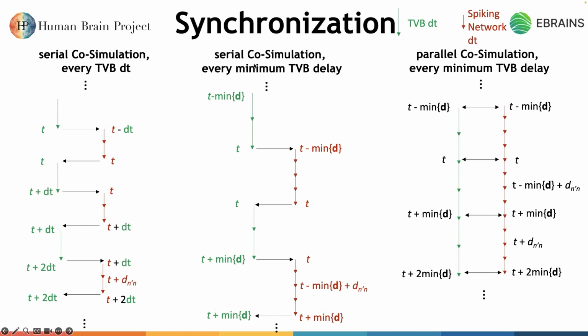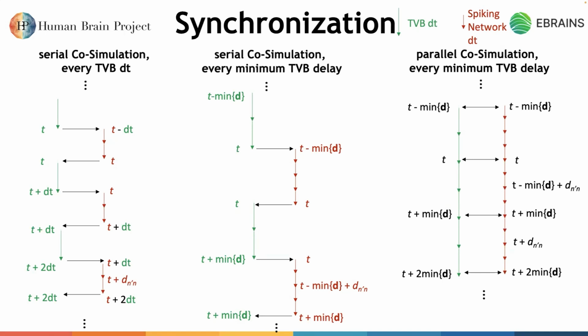The next improvement of that is that, given that we have time delays between brain regions, we know that every node needs coupling from the other nodes with some delay, not instantly. And we know that from all the interactions in the TVB network, there is some minimum delay.